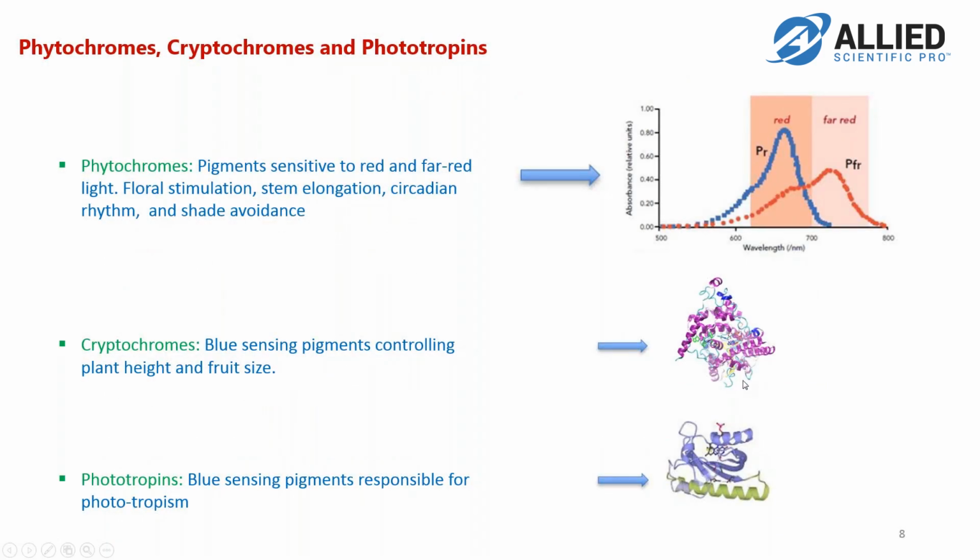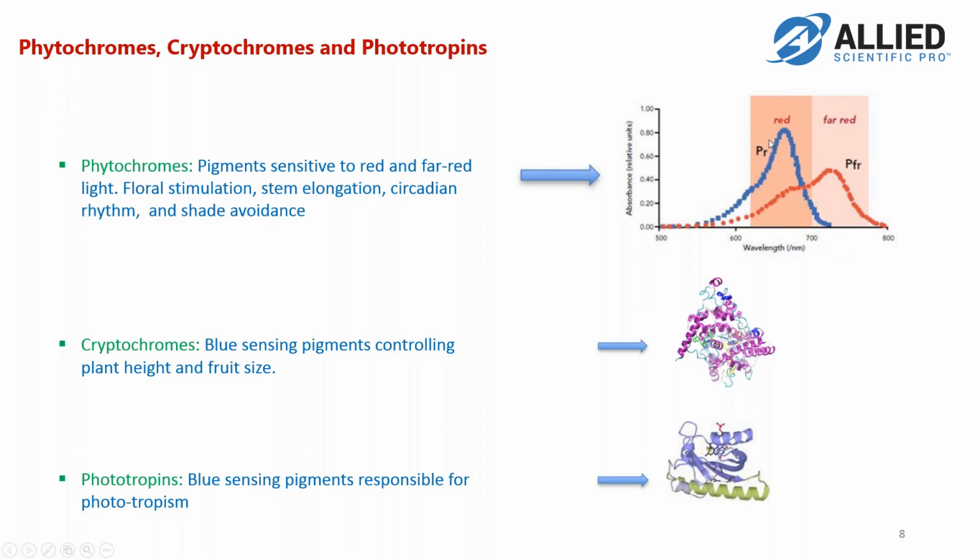Now, the phytochromes, cryptochromes, and phototropins are shown here. Phytochromes are pigments sensitive to red and far red. They're responsible for floral stimulation, stem elongation, circadian rhythm, and shade avoidance. I'll talk about this a little bit later too. There are two types that convert back and forth between each other.